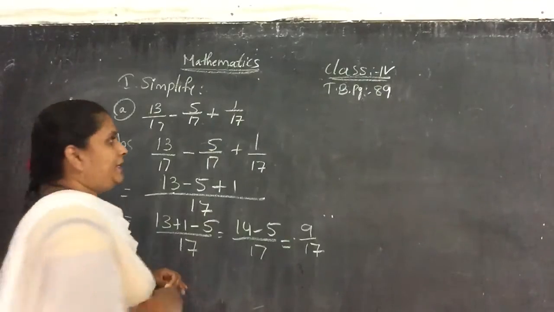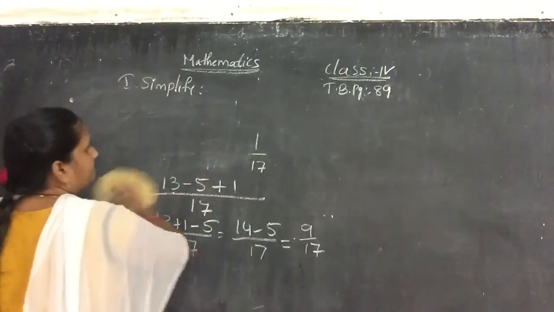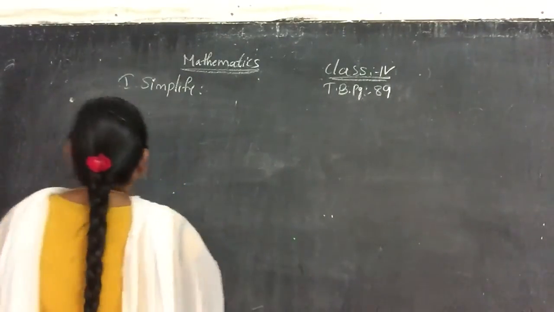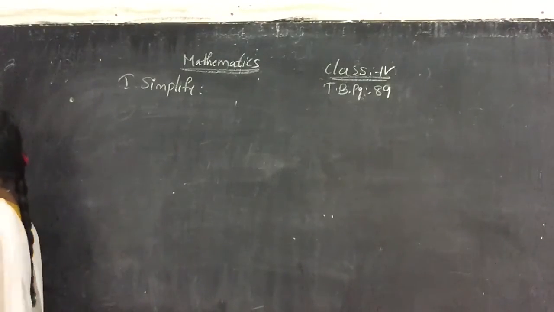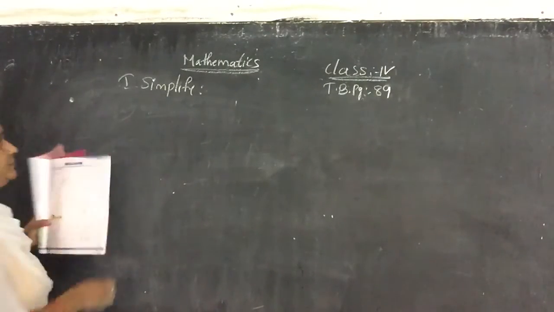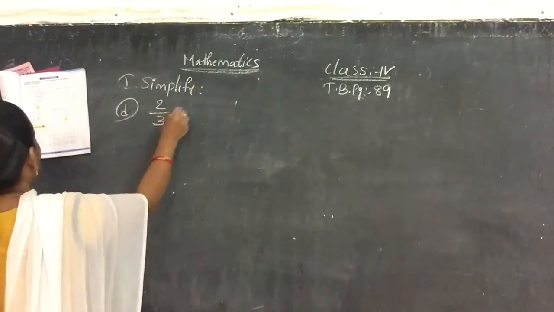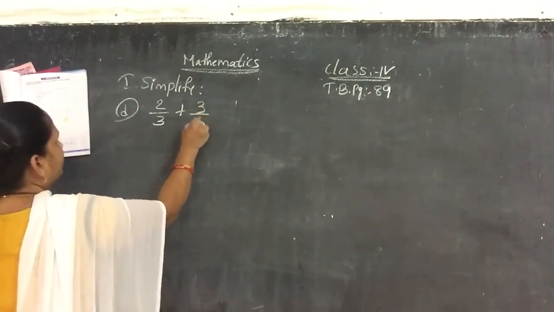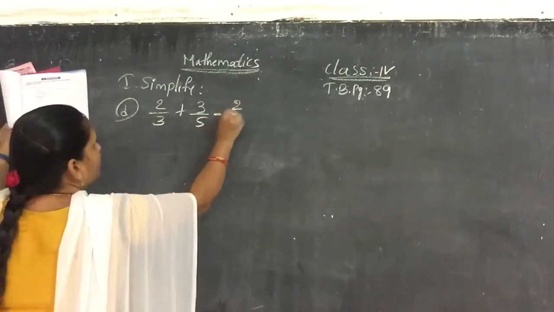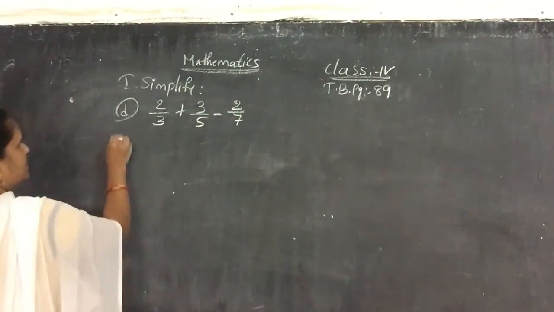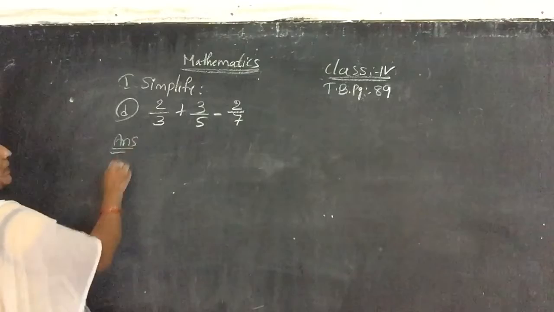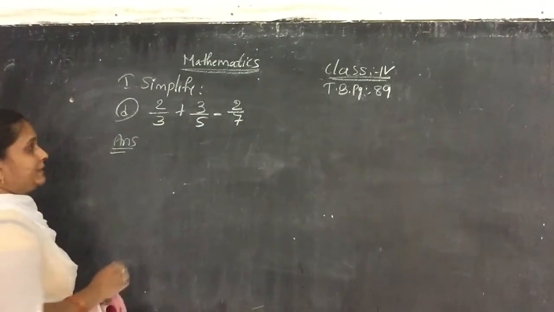Next page, same D1. D. Everyone can copy the D. In the D sum, it is 2 by 3 plus 3 by 5 minus 2 by 7. Okay, so same. What you have to do? Take the LCM of all the denominators, children.